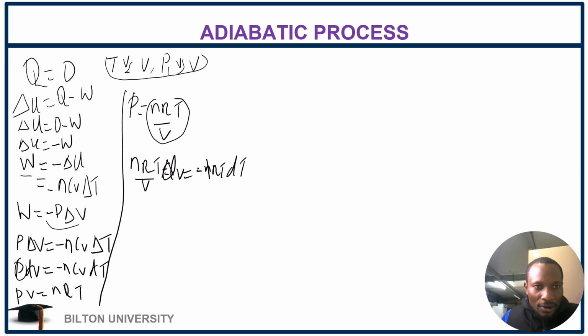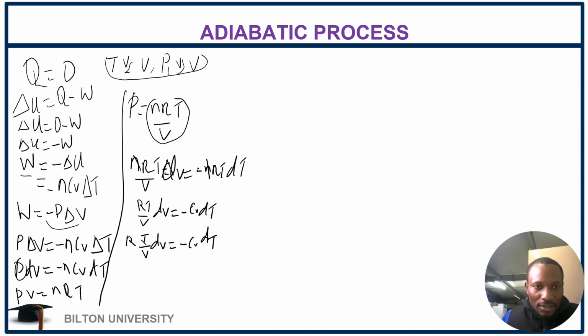The number of moles are common, so we can cancel them, leaving us with RT over V dV is equal to minus C_V dT.